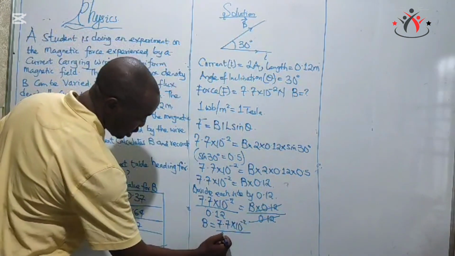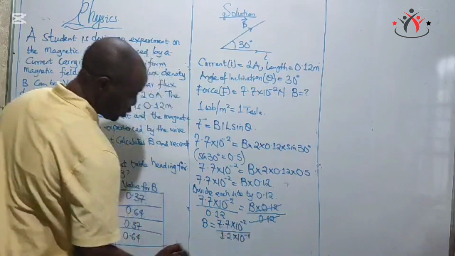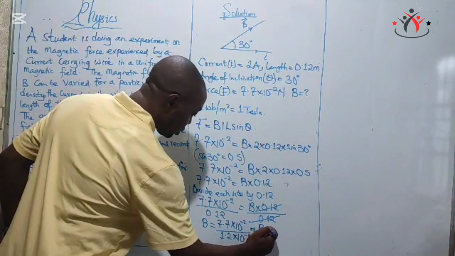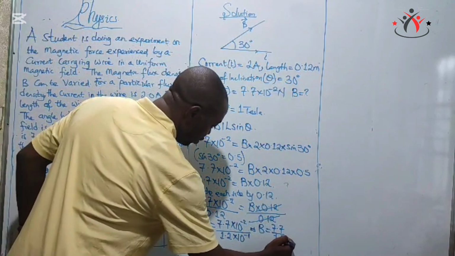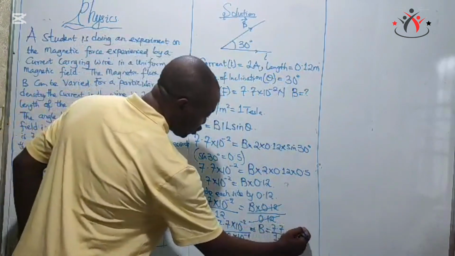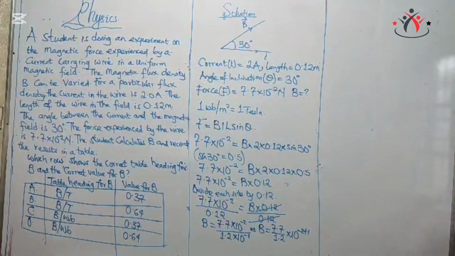Now we can write 0.12 as 1.2 times 10 raised to the negative 1. So the value of B is 7.7 divided by 1.2 times 10 to the, when we bring this negative 1 up, it will be negative 2 plus 1.